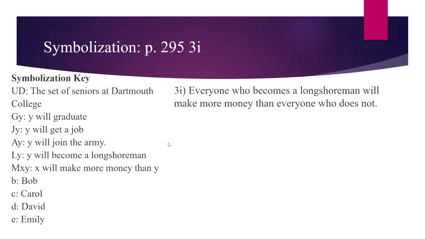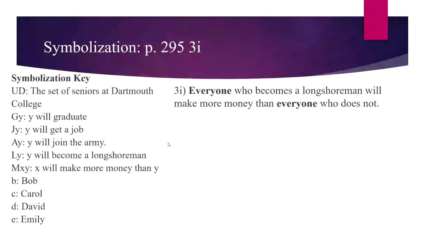So let's go ahead and get started with 3i. This is from that set on the seniors of Dartmouth College. Our sentence is, everyone who becomes a longshoreman will make more money than everyone who does not. So here we have 2 instances of everyone.